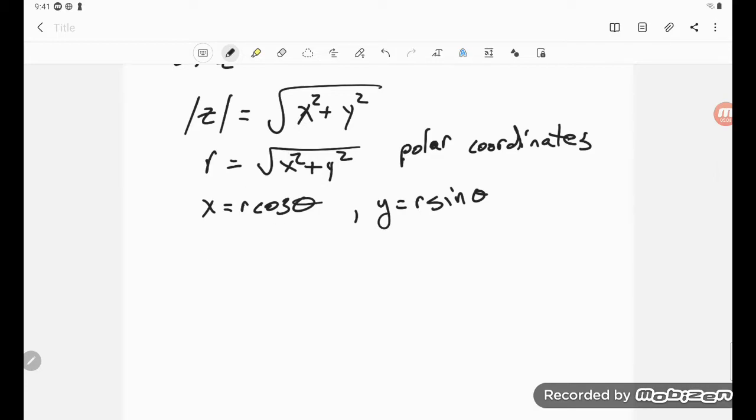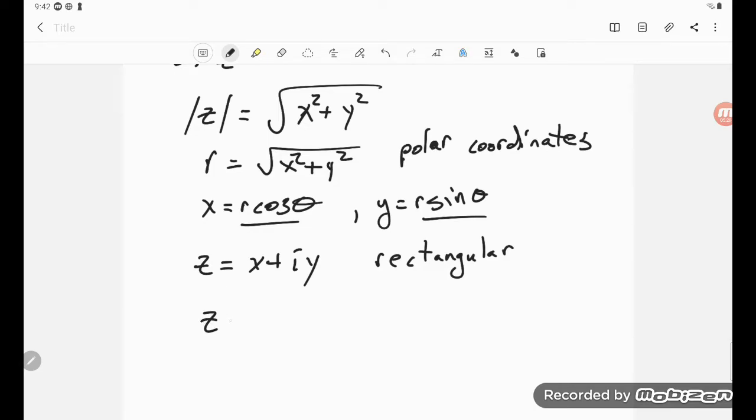Well, that gives us another representation of z. We had the usual rectangular representation, x plus iy, but we can actually go to polar and substitute these items in for x and y.